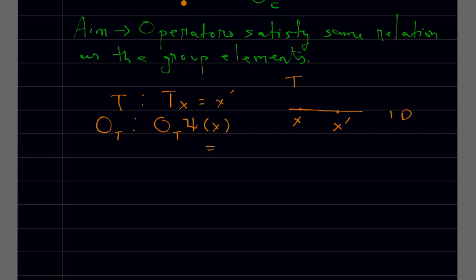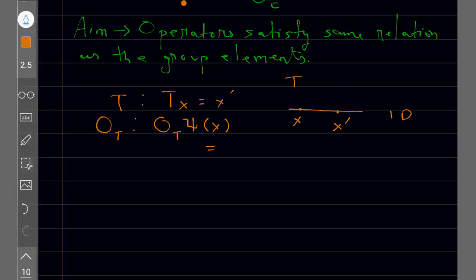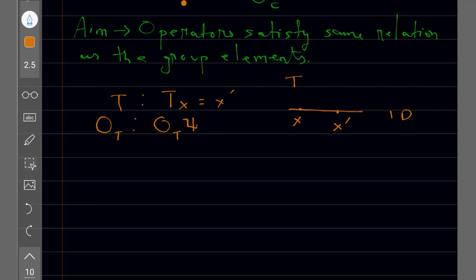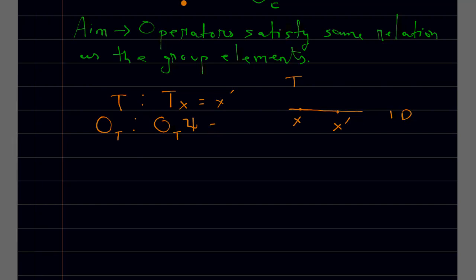this should give me a different function, psi prime. So there is T which acts on a coordinate and gives me a new coordinate, and its corresponding operator in function space acts on functions and gives a new function. Now the question is, how can we relate these things in a more understandable way?